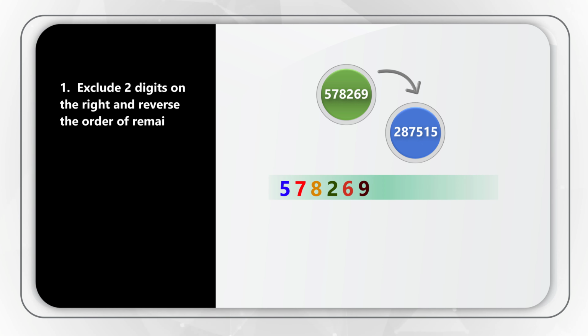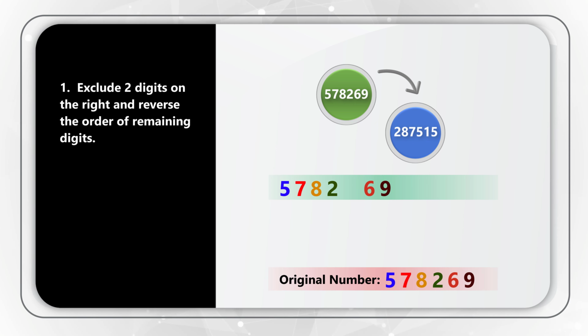Step 1. We need to exclude 2 digits on the right and reverse the order of the remaining digits. For example, the original number is 5782 and then 2 digits, 69. We separate 69 and then reverse the order, and the number becomes 2875, and then we do remaining calculations with the numbers 6 and 9.